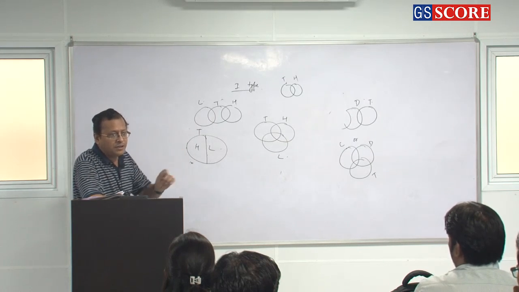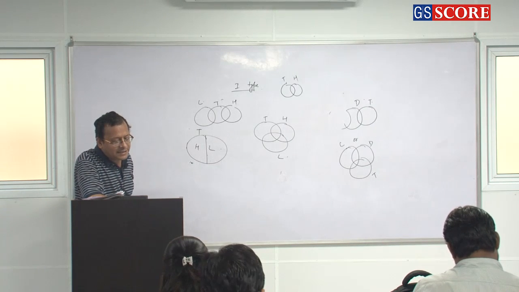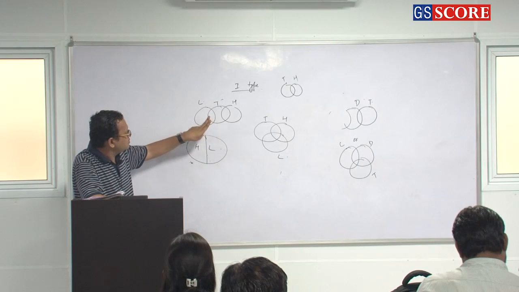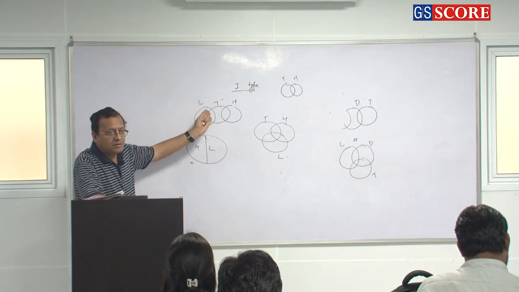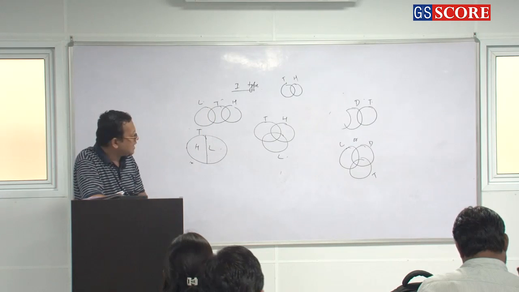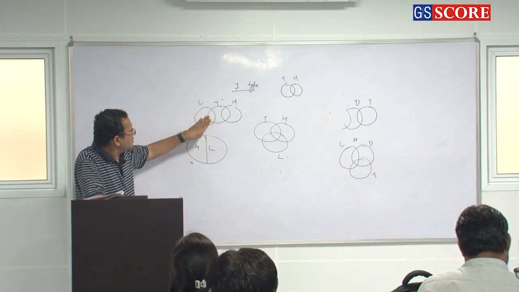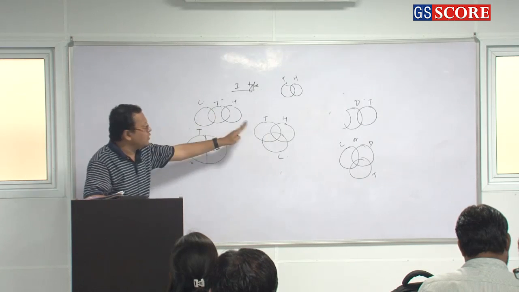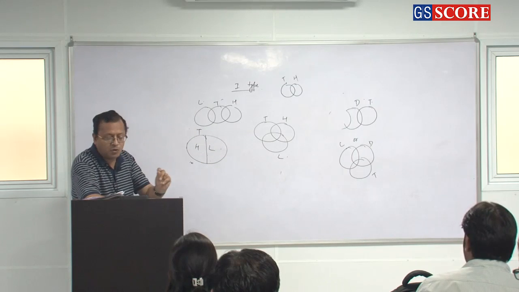Then you see the conclusions, then you mark the option. First is every taxi has either horn or light. Not possible at all. And some taxis have neither horn nor light. These simultaneously cannot coexist, so 1 and 2 cannot follow.